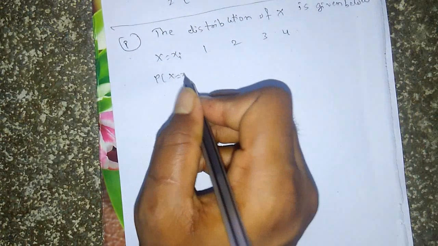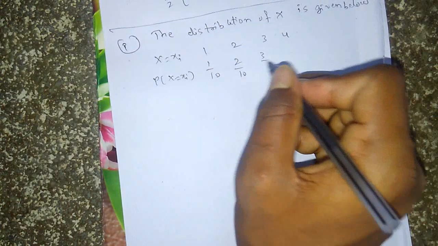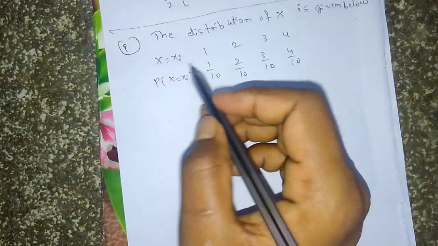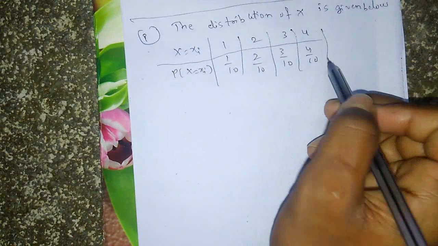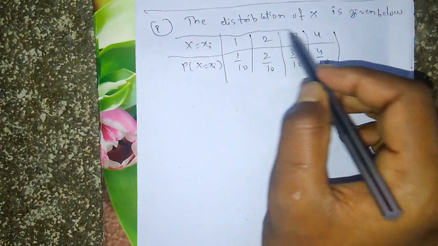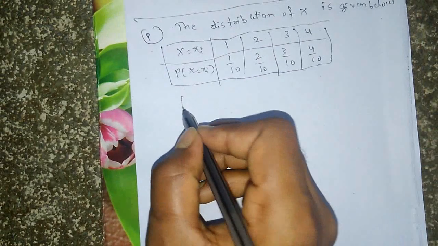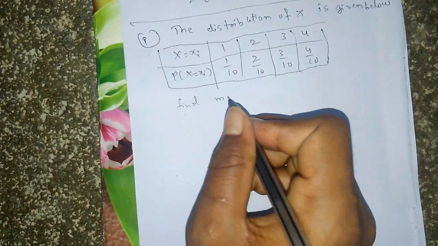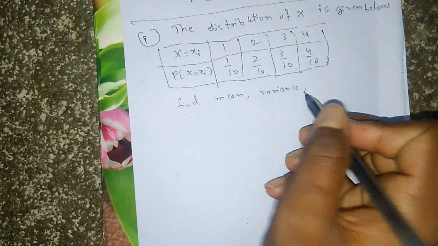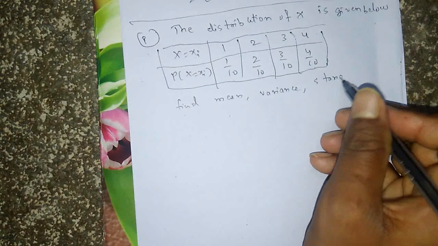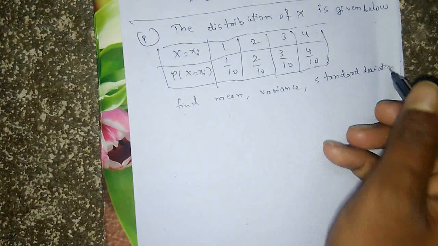P of x is equal to xi is 1 by 10, 2 by 10, 3 by 10, 4 by 10. Then find mean, variance, standard deviation of x.